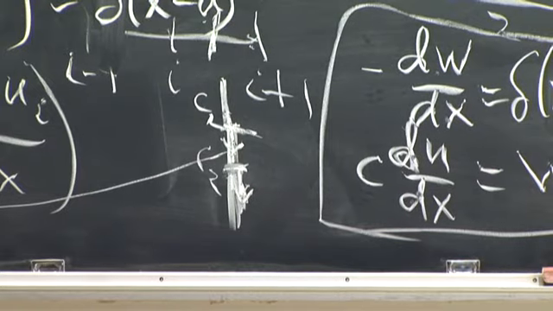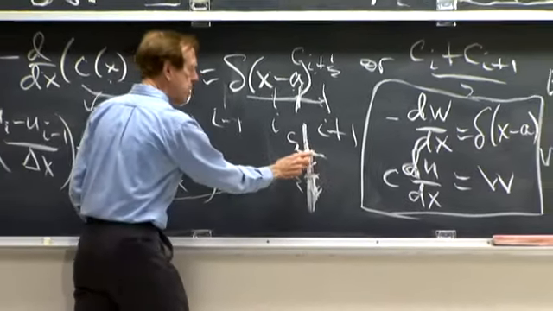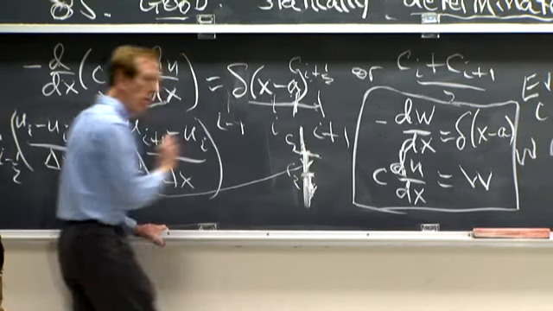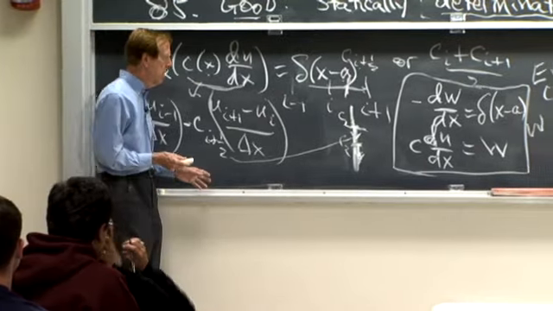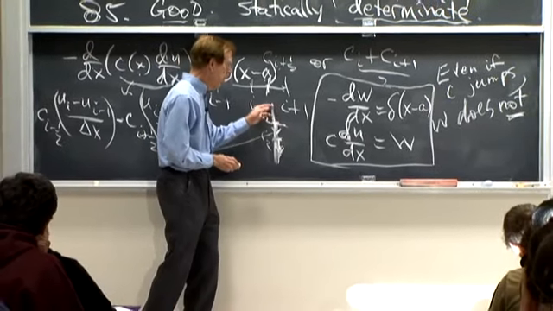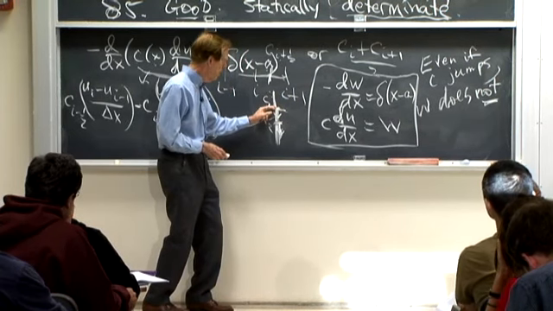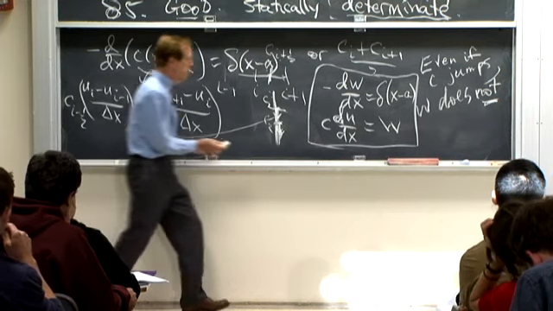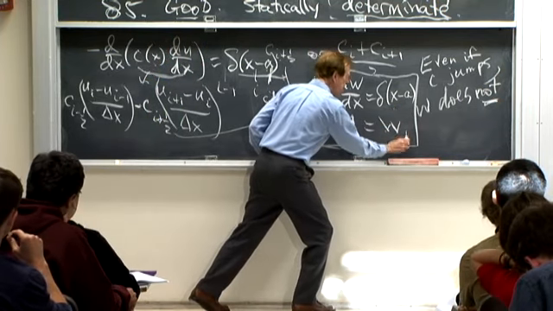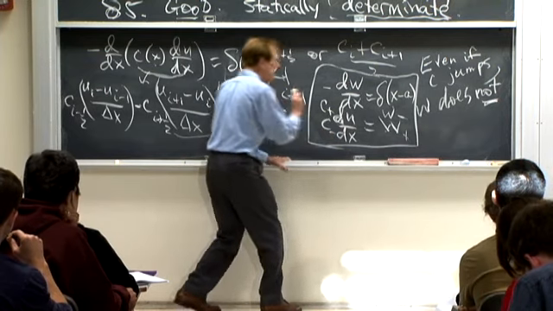Is the force the same above and below that joint? No, because there's this extra term from the weight. Once you know the forces, above that point you're solving for U with one C, and below that point with the other C. So W has a minus and a plus, and C has a minus and a plus.